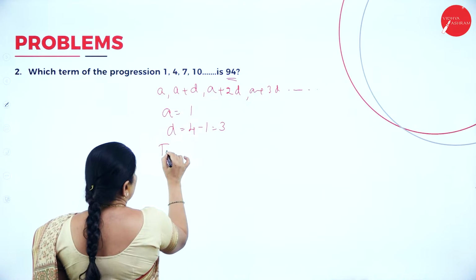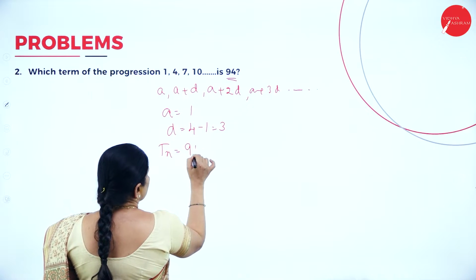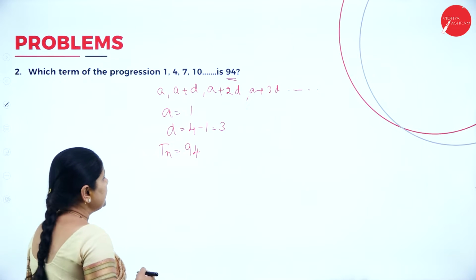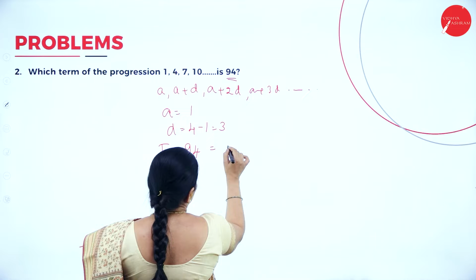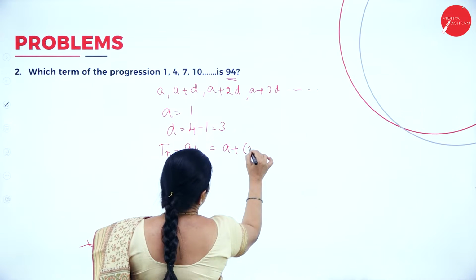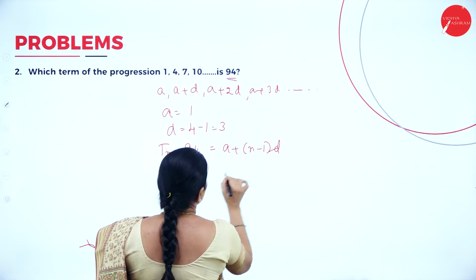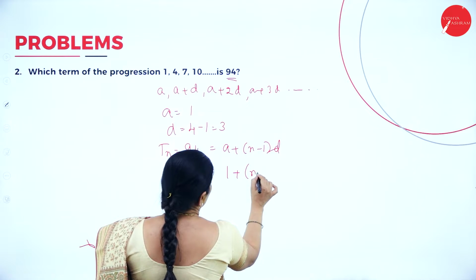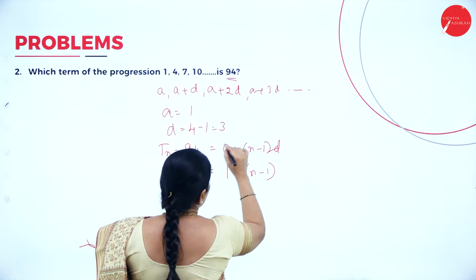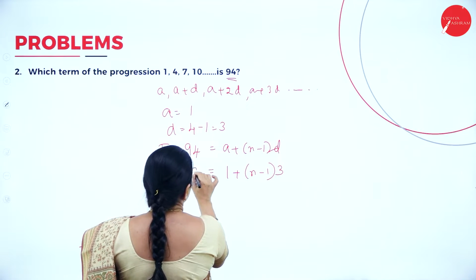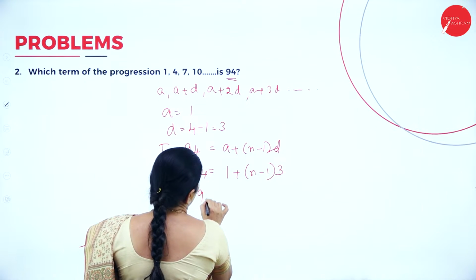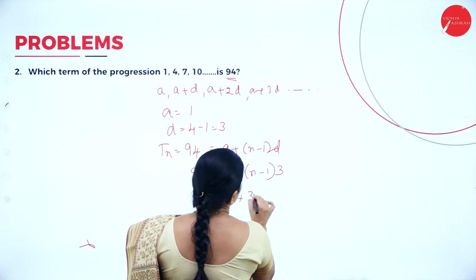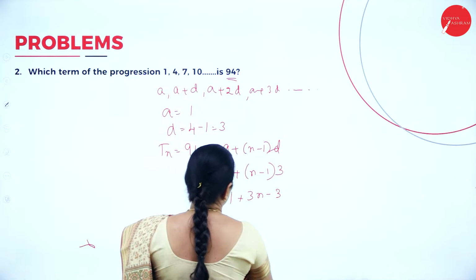So Tn equals 94. So we will just write the formula here. Tn will be equal to A plus n minus 1 into D. So we know A is 1, n we don't know, n minus 1, D equals 3. So 94 equals 1 plus 3n minus 3.